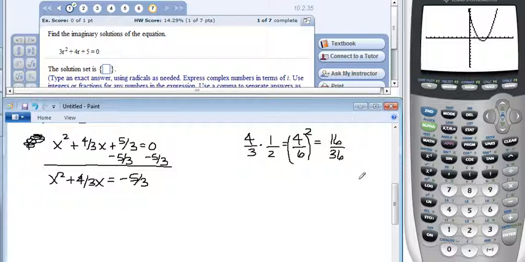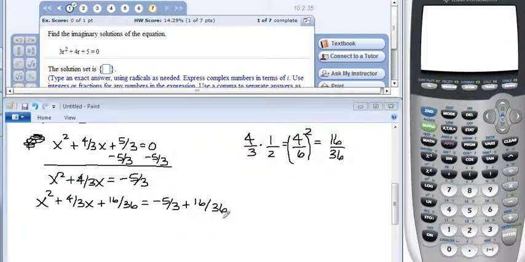That's what I'm adding to both sides, 16/36. So now I have x squared plus 4/3 x plus 16/36 is equal to negative 5/3 plus 16/36. Yikes. I'm adding this magic number to both sides because I'm forcing this one here to be a perfect square trinomial. All right.